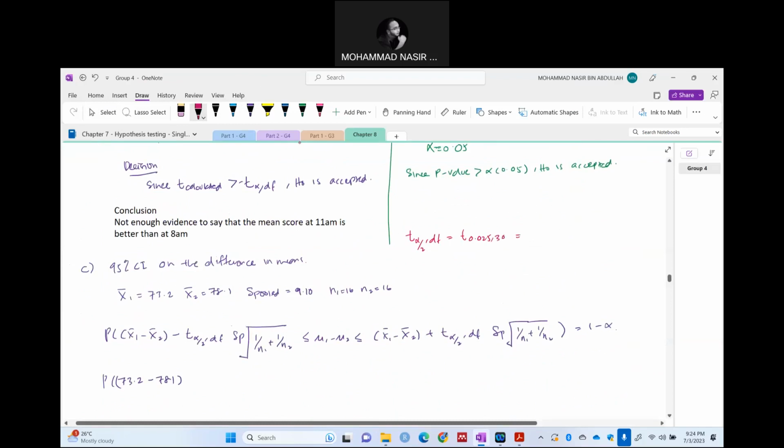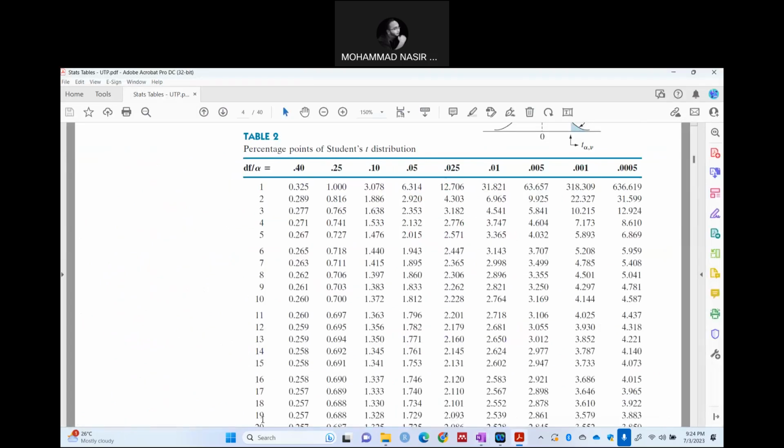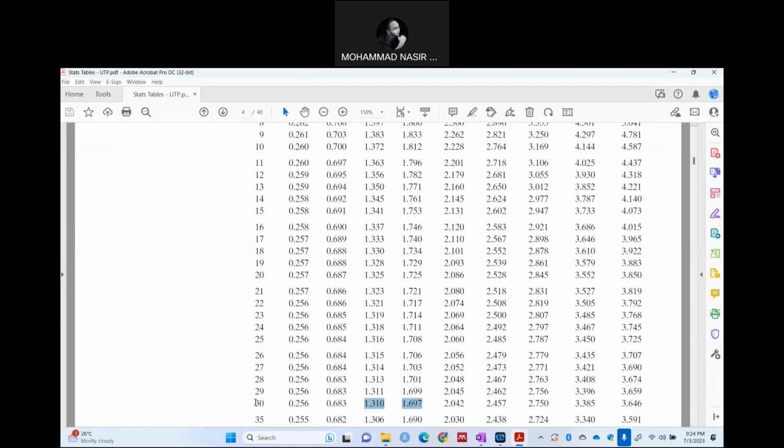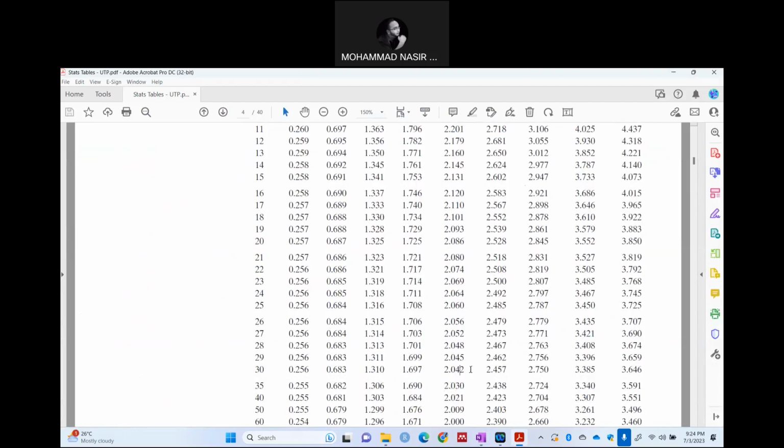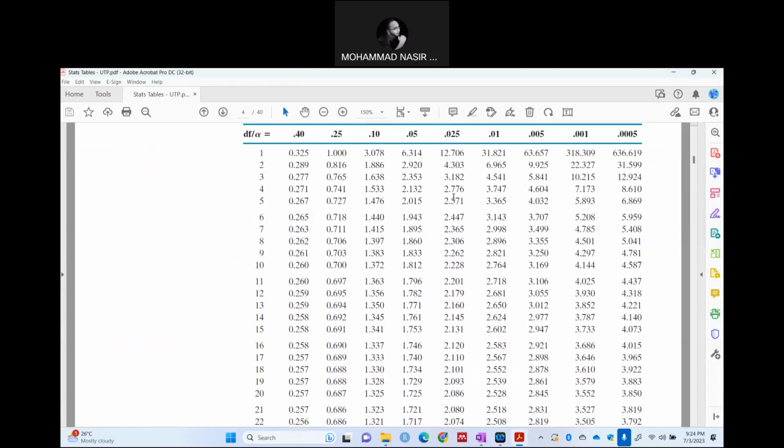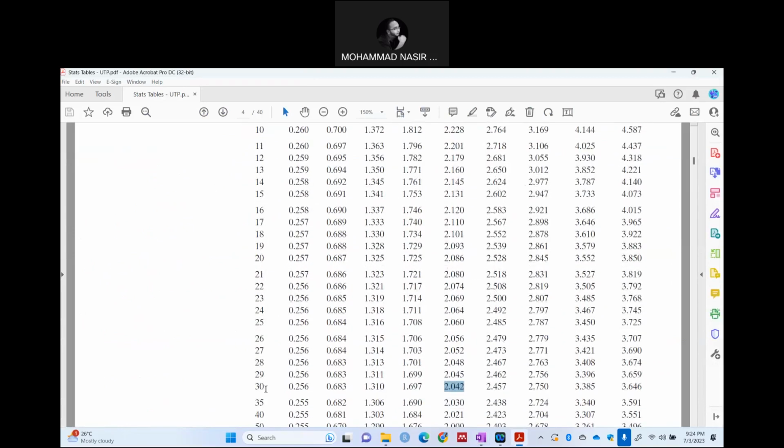For degrees of freedom equal to 30, alpha 0.025 should be 2.042.